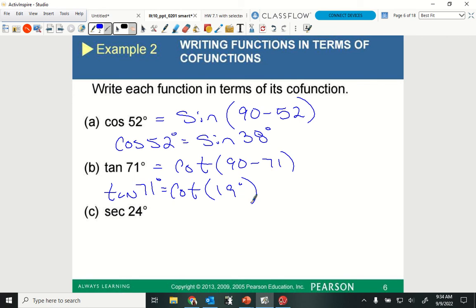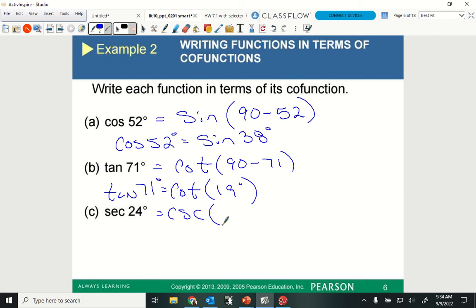And you're looking at that other slide now. So now, what goes with secant? CSC, which is cosecant. Okay, the cosecant. So I'm going to write that out. Now, all of these have to add up to what? 90.